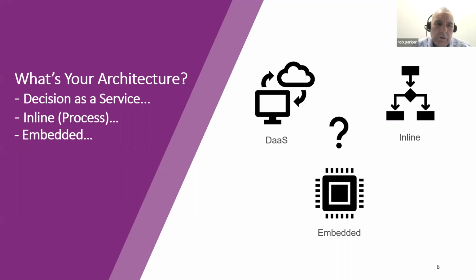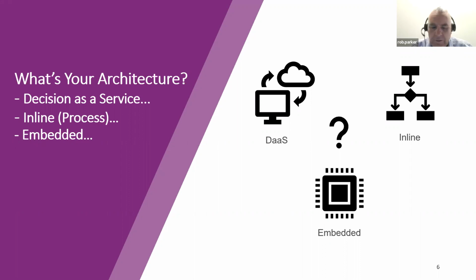An alternate architecture is what I call the inline or the process model. We see a number of process automation platforms, for example, a BPMN automation platform, and quite often they might have a decision engine co-located within that platform. This is really good for when the business process has a decision task which needs access to a decision.